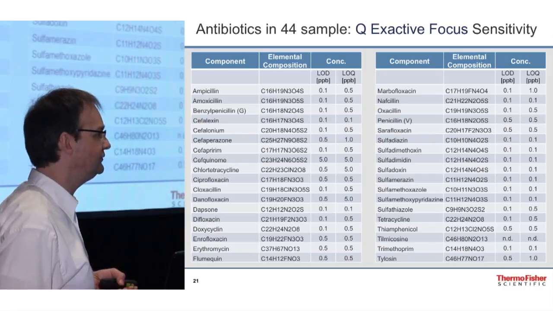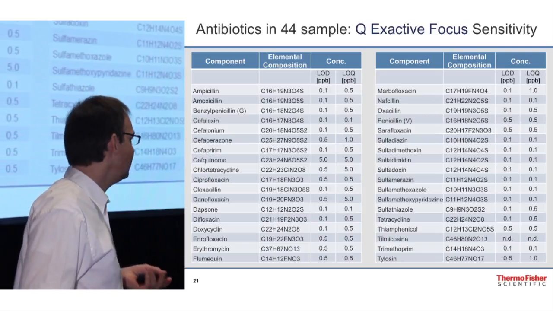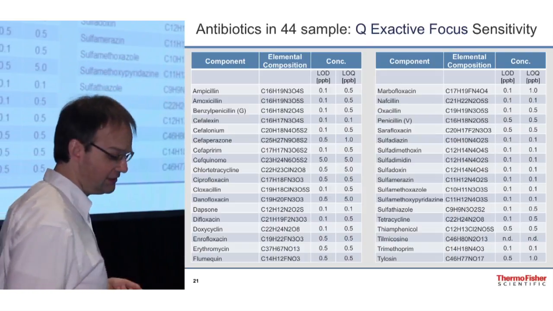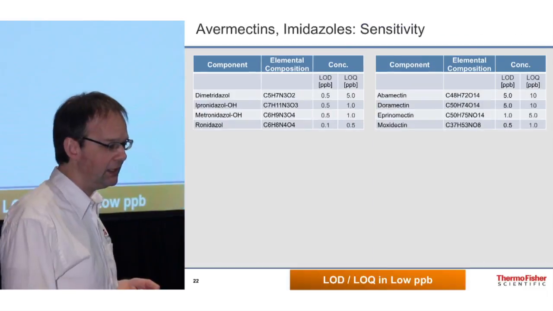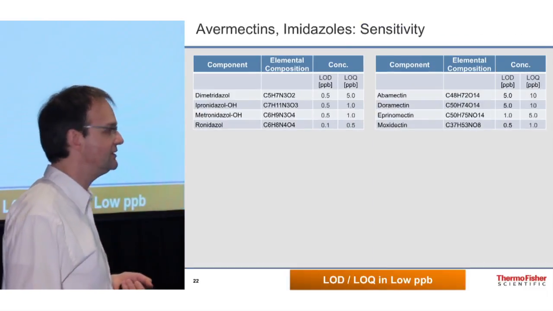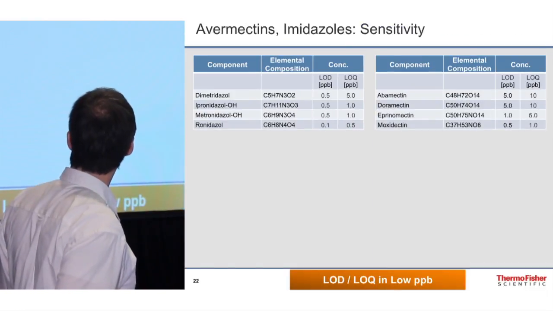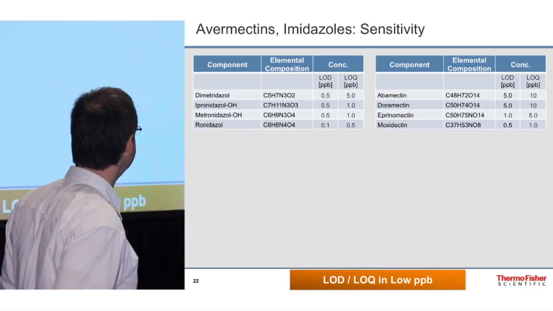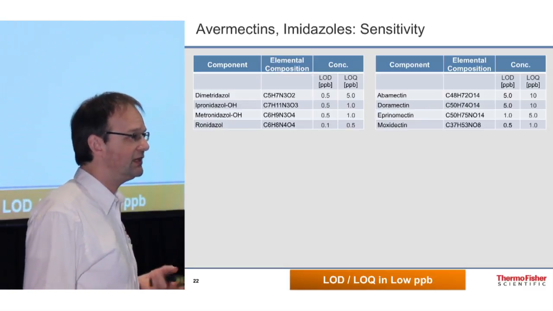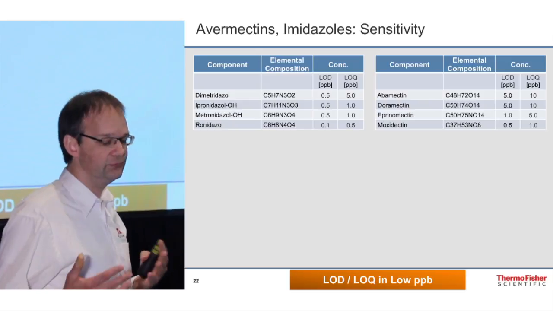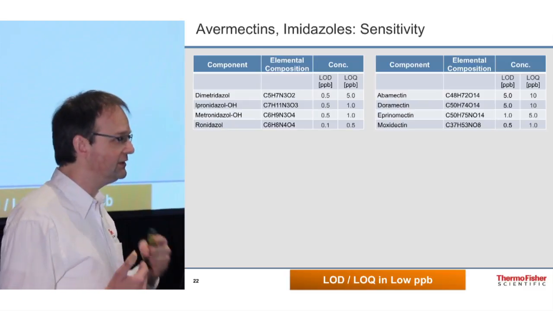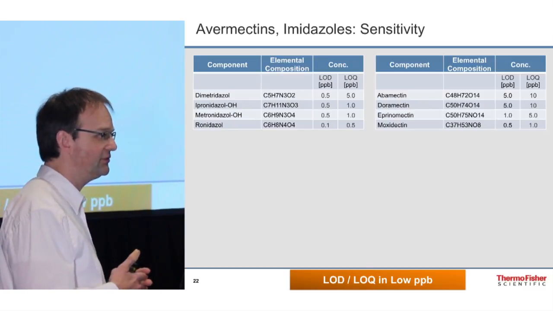This is even future safe, so even if the limits get tighter, they will still be far away from these detection limits here. We didn't have only antibiotics in there. We had Avermectins and Imidazoles in there as well, just to have a couple of different components which behave quite differently in chromatography and mass spectrometry.